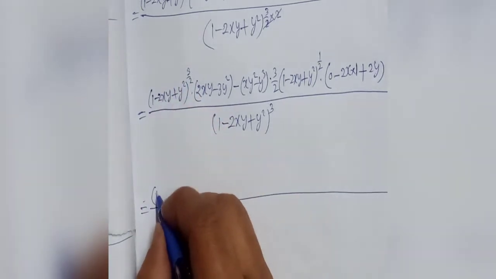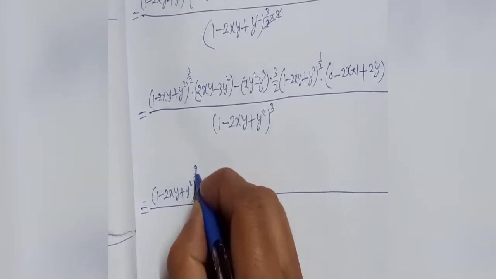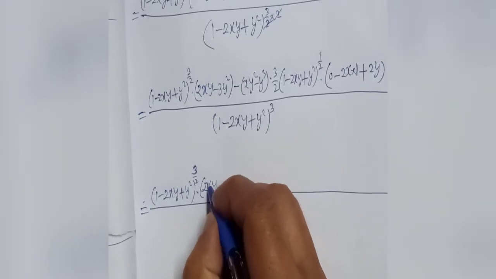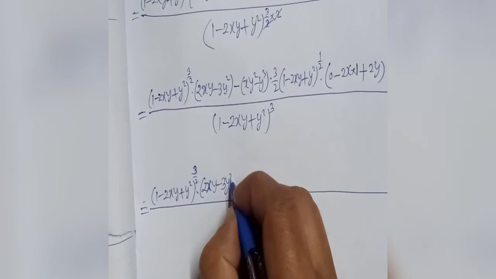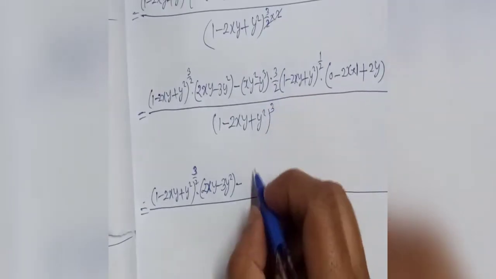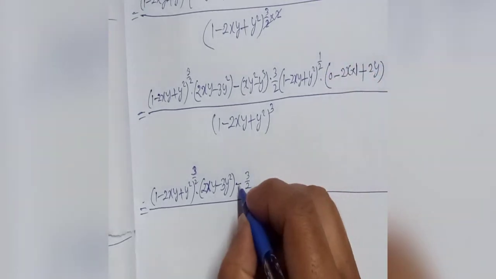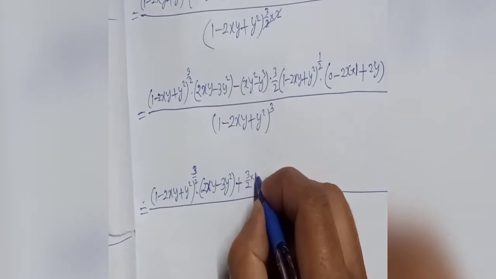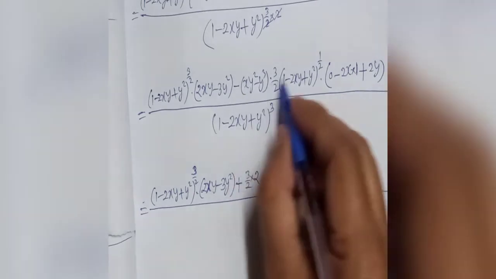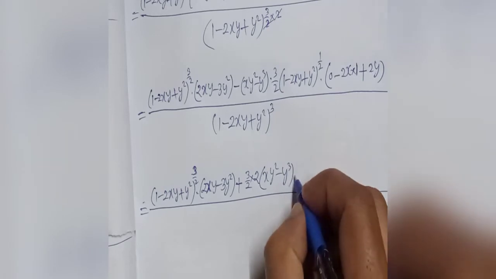Next step, (1 − 2xy + y²) to the power 3/2, and 2xy − 3y², I write 3/2 first, and also I take minus 2 from this bracket, so it becomes 2, and this 2 from the bracket I write here, and then write this bracket xy² − y³.